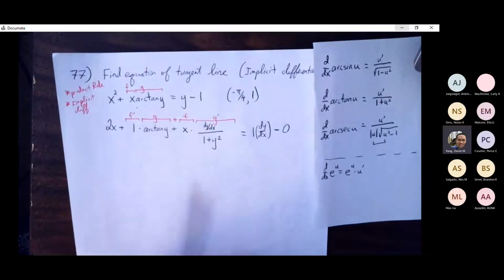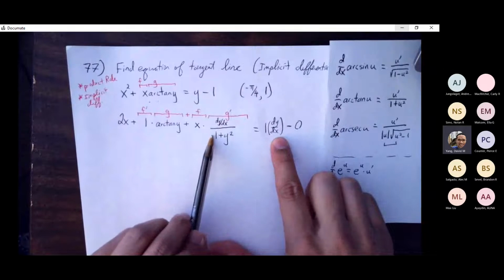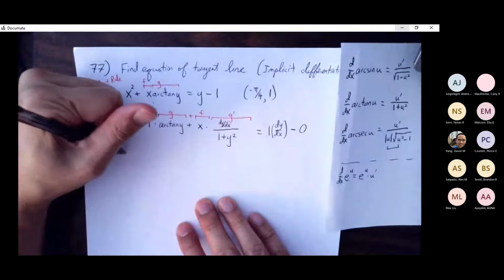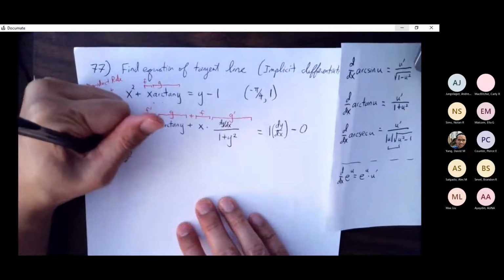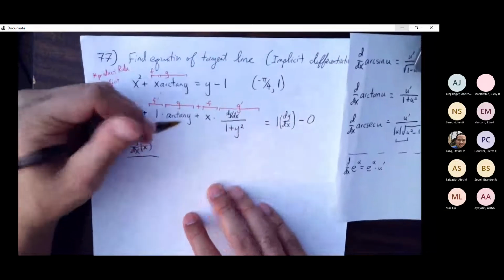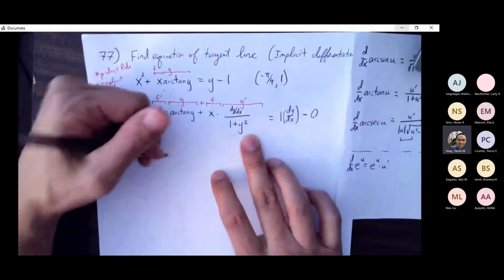Okay, so I'm going to try to collect my dy dx's here. So these are my dy dx terms. I'll put those together. So these are combined together. So put this all into one fraction here.